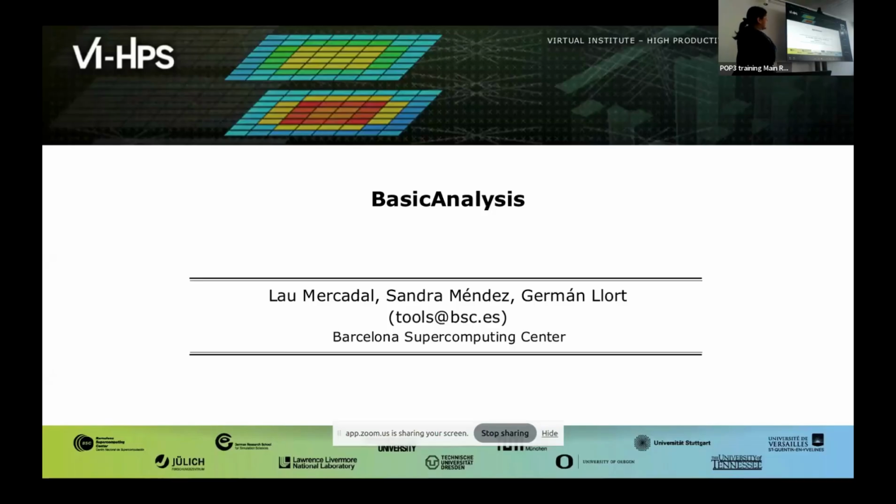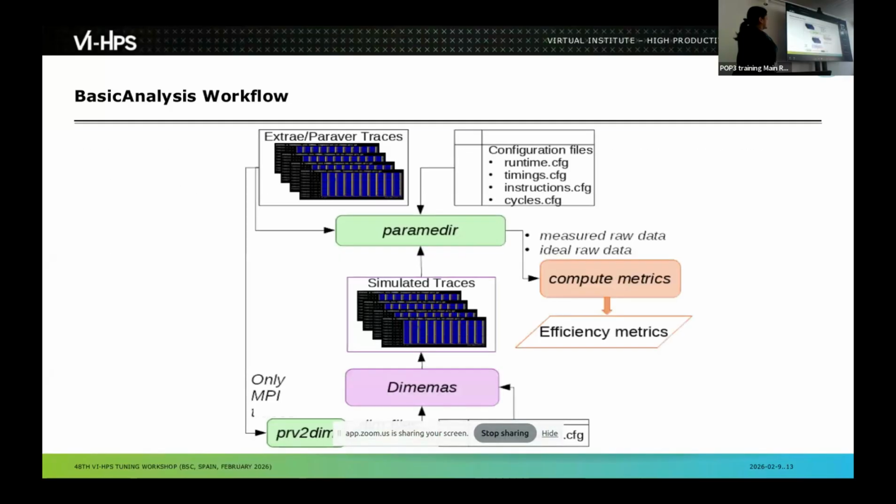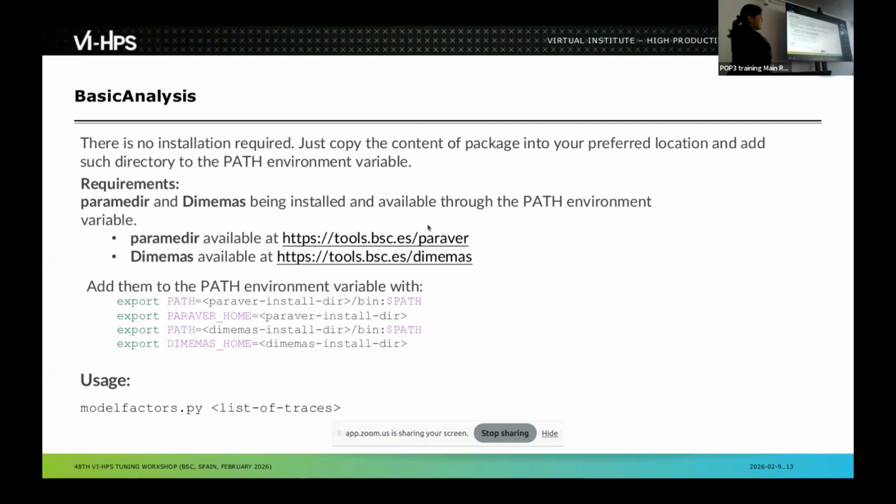Yeah, these are our tools to obtain the POP metrics. First of all, I will start with the workflow of the basic analysis to understand how this works. We work with the extracted Paraver traces.